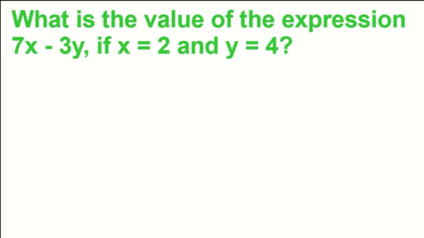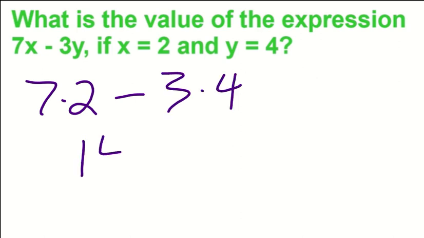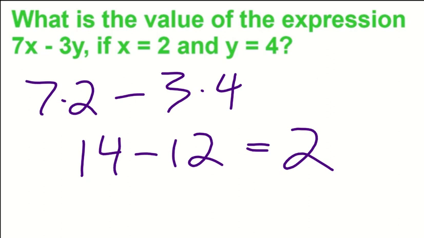We substitute 2 for x, so we got 7 times 2, and 4 for y, so we got 3 times 4. So all that is 14 minus 12. 14 minus 12 is 2. Okay? Any questions on that one?